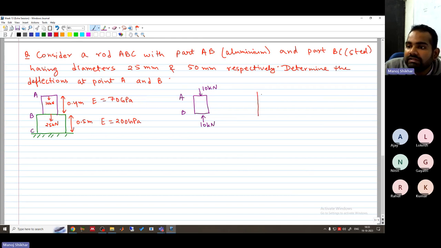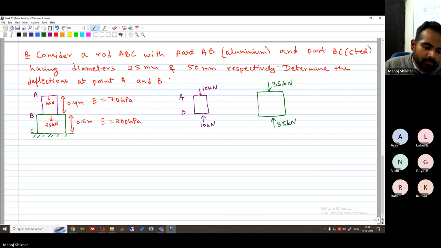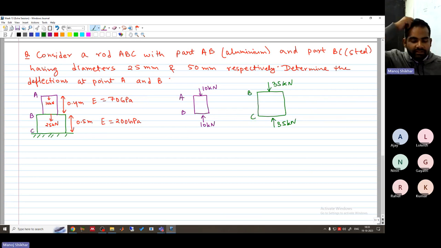And on BC, there's a compressive loading of 35 kilonewton. Okay. So this is BC. So if we find the individual displacements of AB and BC, we will be able to use the superposition theorem and we can find the total displacement, right?